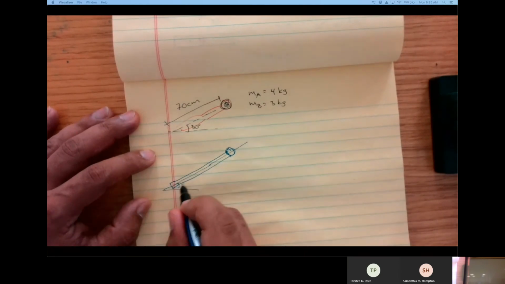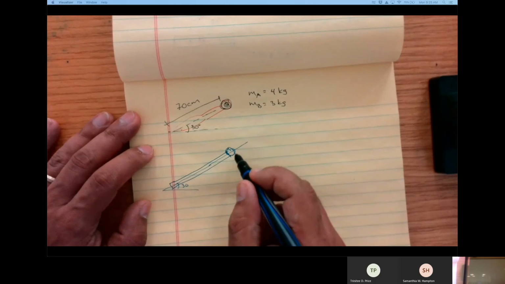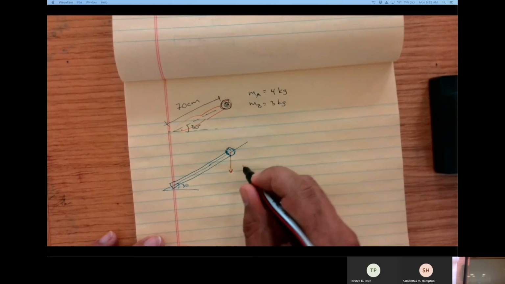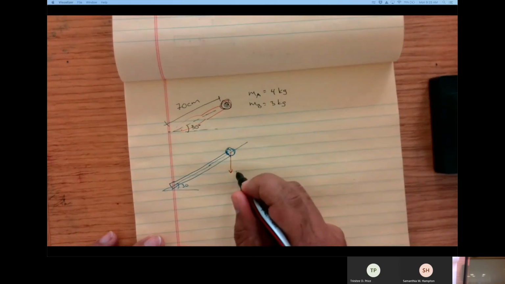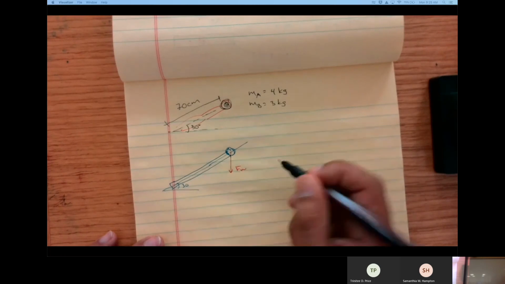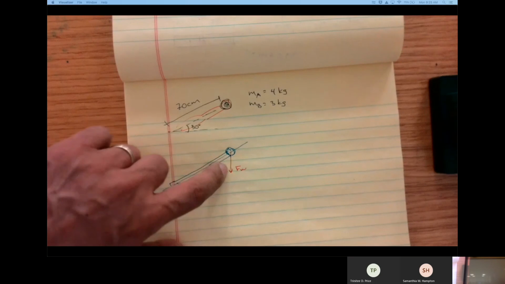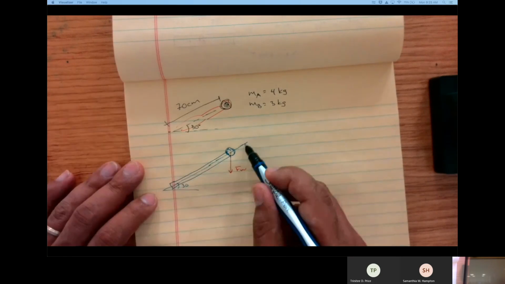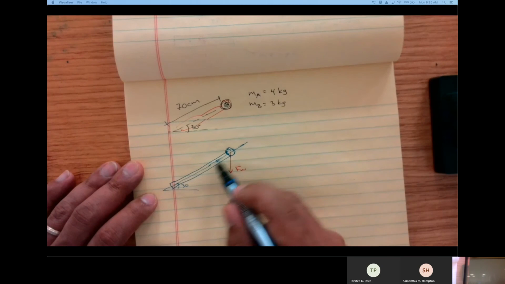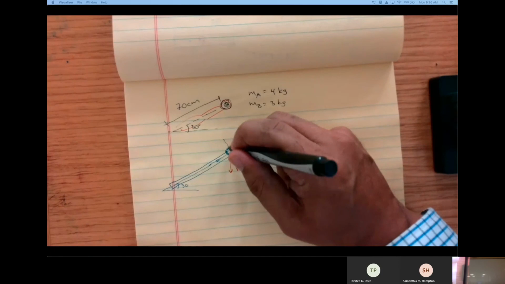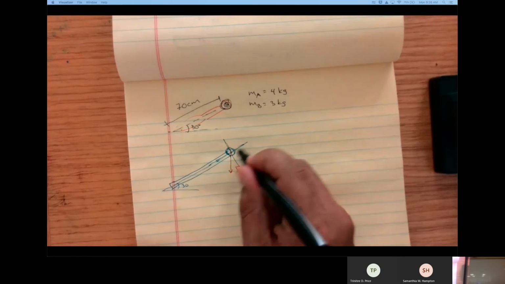Okay. I'm going to be looking at the ball right now. So the force is going to be like this. And I need to find the perpendicular component of this force, perpendicular with respect to this radial axis.